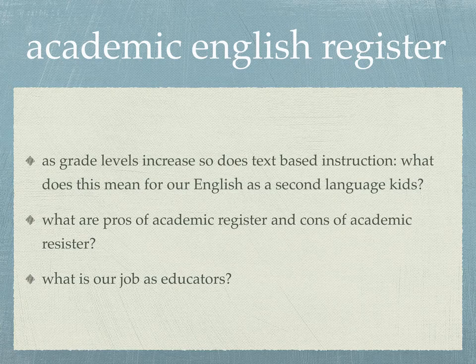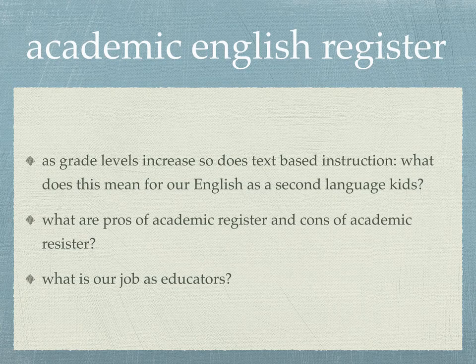This is the way that we speak when we are speaking to peers or in the workplace. If you can speak in your academic English register properly, you're more successful in schools. It has nothing to do with your ability to comprehend what you're speaking about. It is, can you use properly formatted sentences with appropriate vocabulary words?